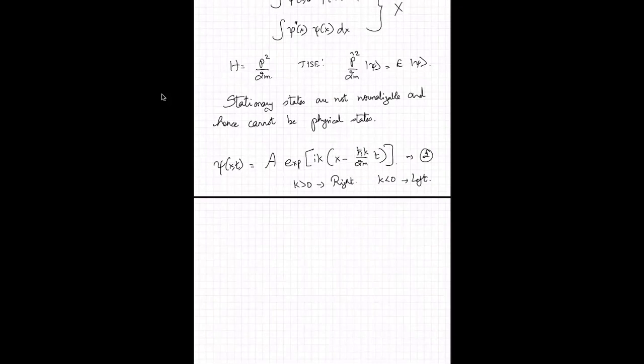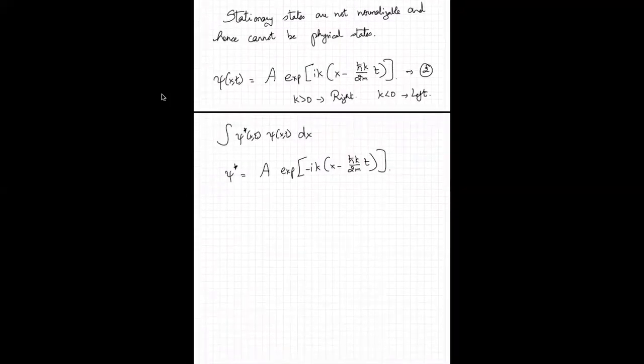So to show that psi is not normalizable, take psi star of x, t times psi of x, t dx. What is psi star? Psi star is obviously a star exponential minus ik x minus h bar k over 2m times t. So what is psi star psi?